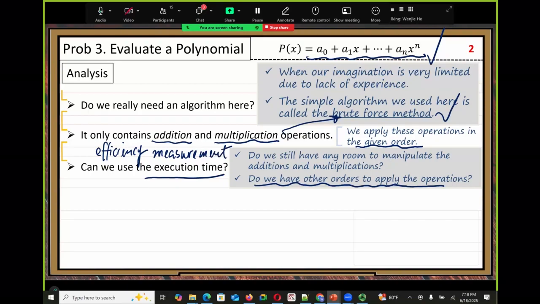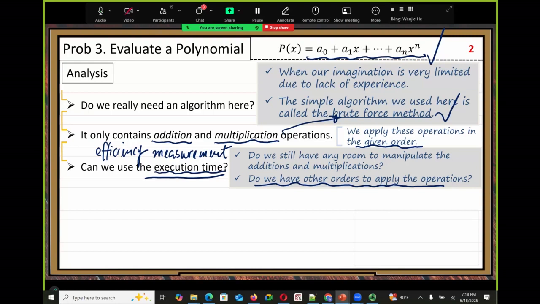How to measure the efficiency? Can we use the execution time to measure the efficiency? Most people like to use the execution time to measure the efficiency, right? The shorter the execution time, the better the efficiency.